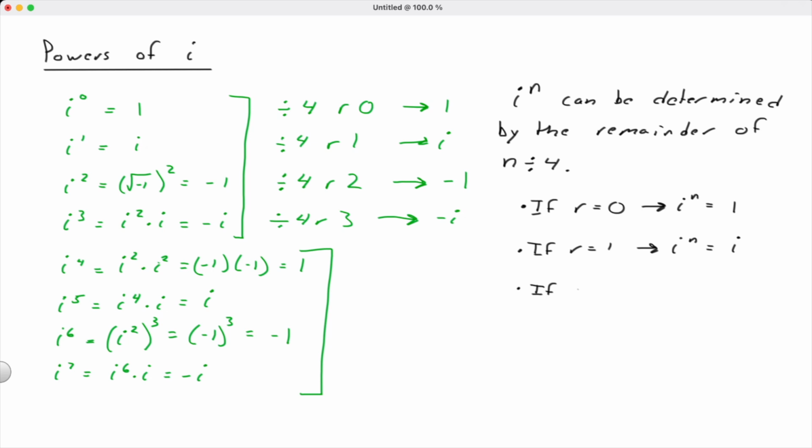If the remainder is equal to 2, in other words, if it's 2 greater than a multiple of 4, i to the n is equal to -1. And lastly, if r is equal to 3, in other words, it's 3 above a multiple of 4 or 1 below a multiple of 4, then i to the n is equal to -i.